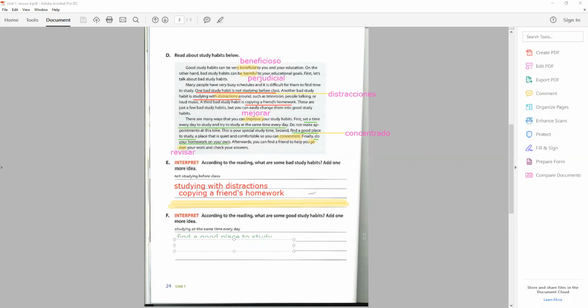Our third one was do your homework on your own. And then you will also be writing, for this one, adding one more.